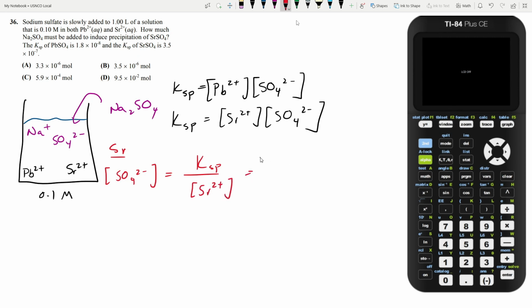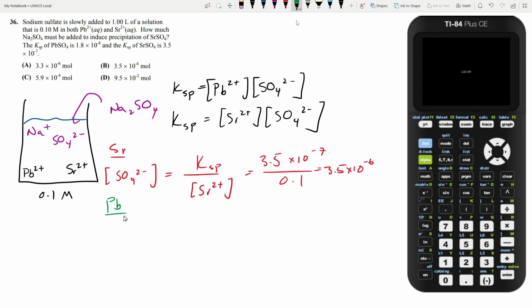So this is going to be 3.5 times 10 to the minus 7th divided by 0.1. This is 3.5 times 10 to the minus 6th. So we're going to need 3.5 times 10 to the minus 6th concentration of sulfate to induce precipitation of the strontium sulfate. We also have to look at the lead one though.